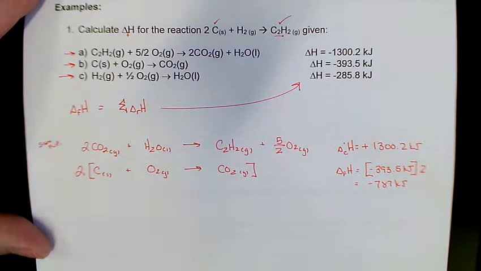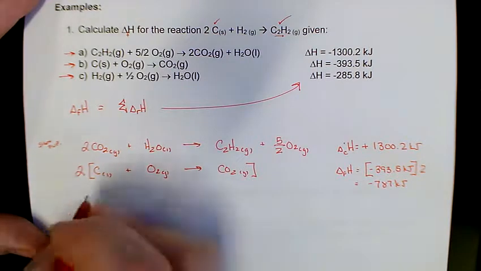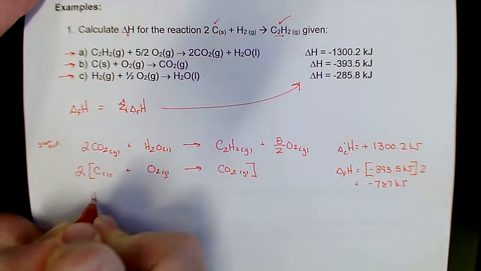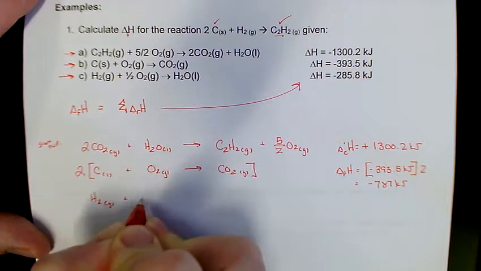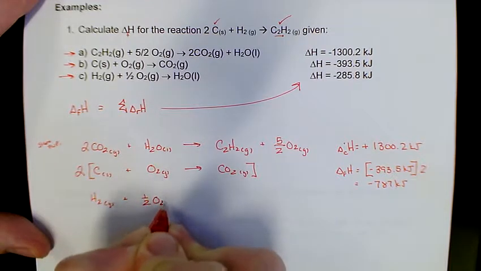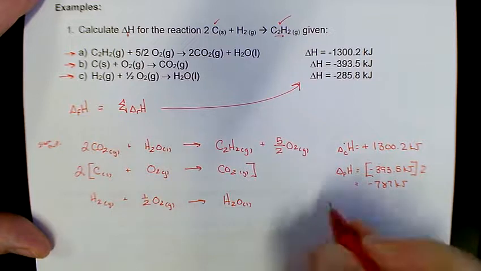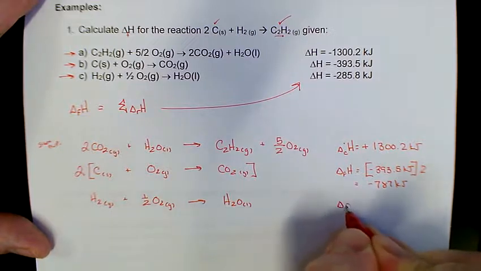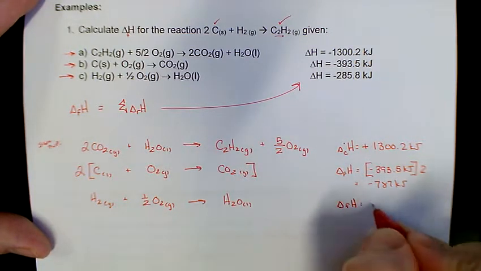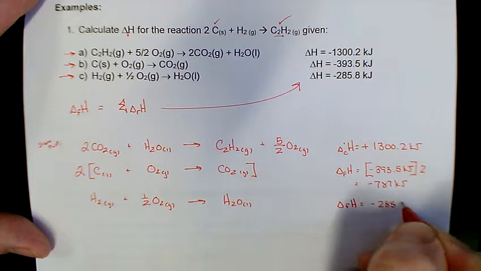No flipping, no doubling, tripling, or halving. I just have to write it in. So there's my hydrogen gas, my half mole of oxygen, and my 1 mole of liquid water. And that was related to a formation enthalpy of negative 285.8 kilojoules.